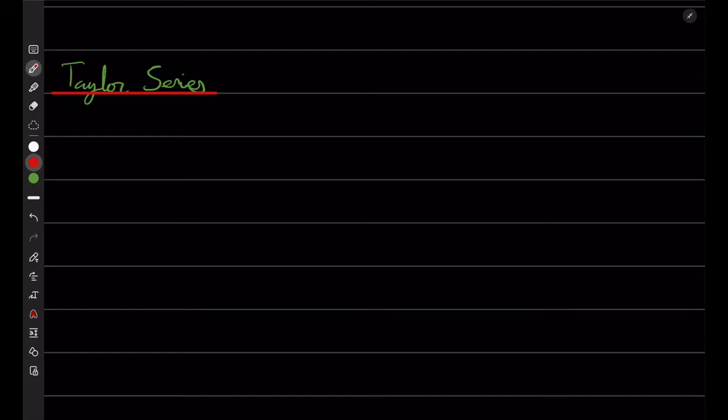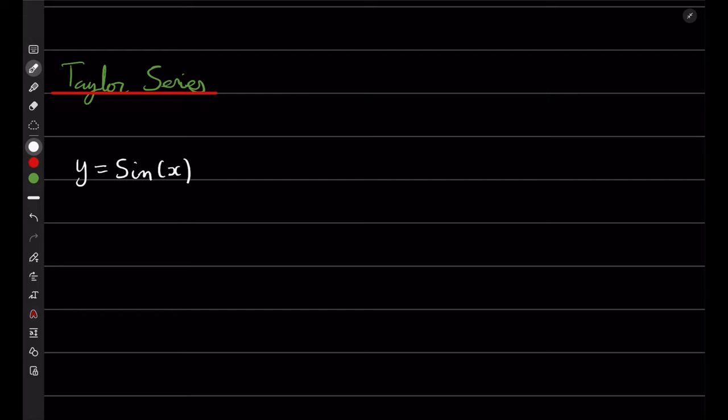So for example, let's start with a graph like sine x. Let's say y is equal to sine x, and we're trying to find a polynomial that will match this function.